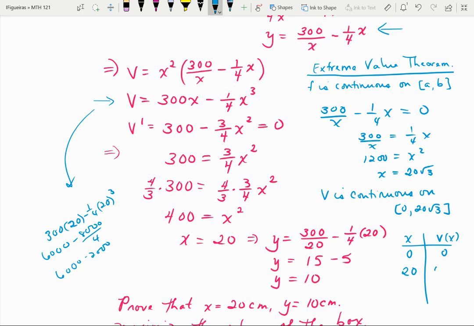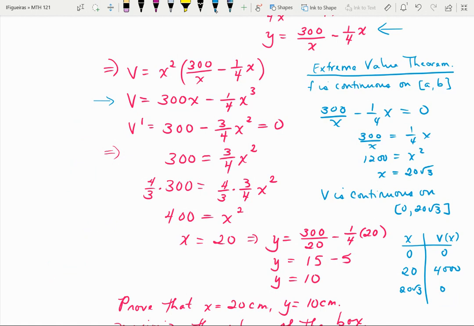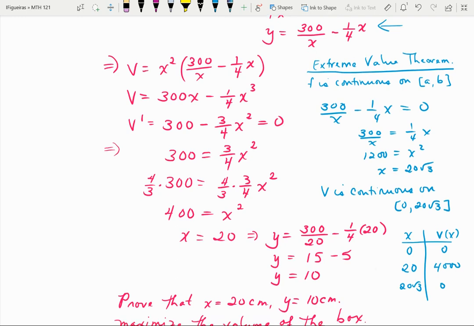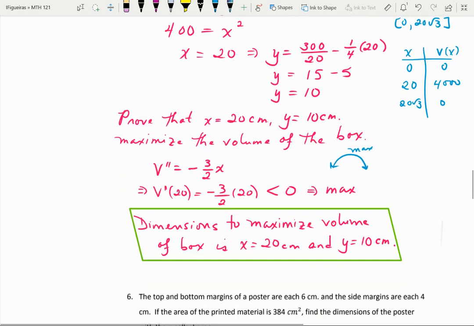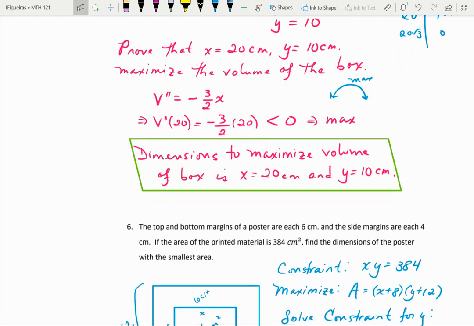So this has a value of 4,000. And at the other boundary, 20 root 3, it's also 0. So based on the extreme value theorem, you also see that when x is equal to 20, you have a maximum value. All right, so let's move on to another problem.